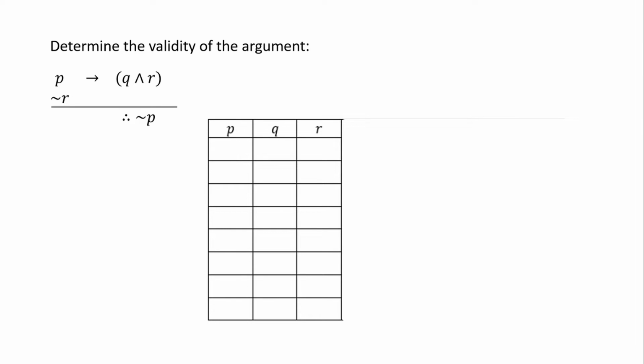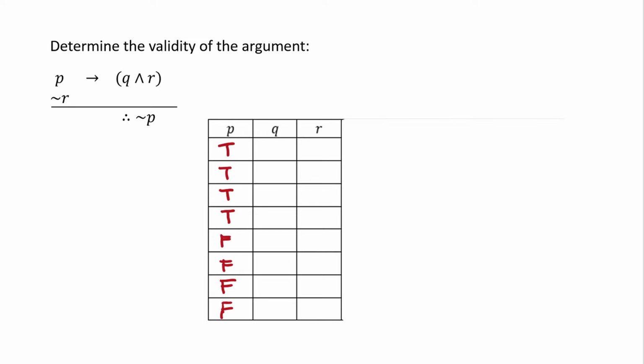I'll start with 3 columns and assign truth values for each of P, Q, and R, and I need every possible combination. To ensure that, I will begin by giving the truth value of true to the first 4 of P, and the last 4 I will give F for false.